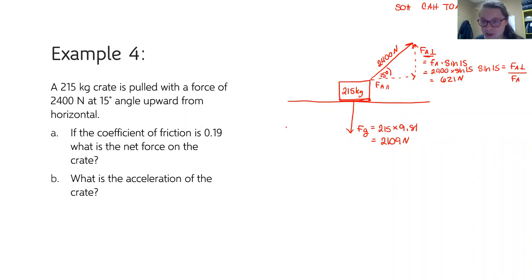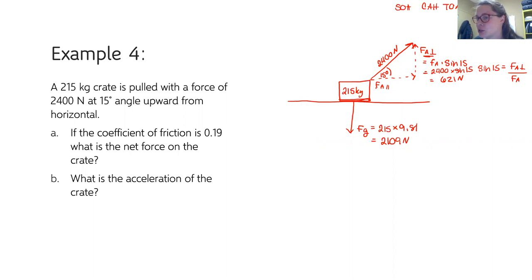So what we had done, I've got to recap for myself. We have our force applied of 2,400 newtons. A perpendicular force we found goes with the sine ratio, so it's force applied times the sine of the angle. 2,400 times the sine of 15 gives us 612 newtons in the upward direction.